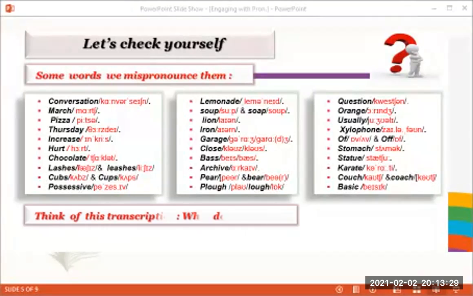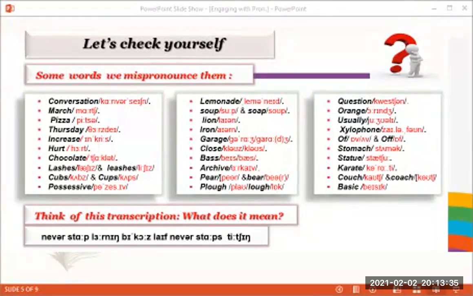Thank you, Ms. Wafa. Think of this transcription. What does it mean? We said it before. What does this transcription mean? Do you remember? Who remembered this transcription?